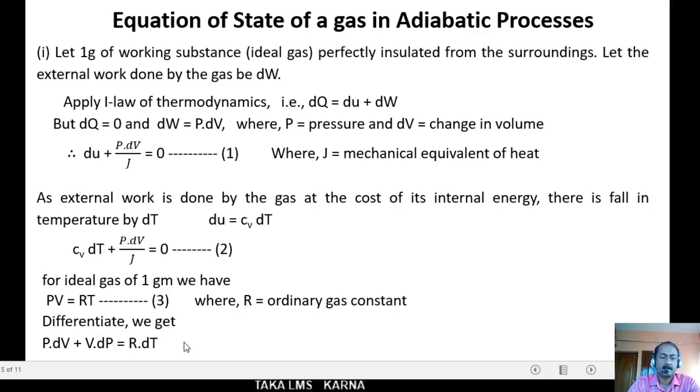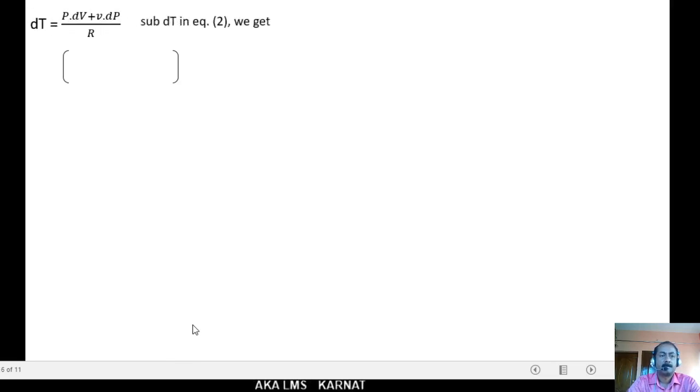This is the differential form of PV equals RT. Therefore, rearranging, dT equals (P dV plus V dP) upon R.